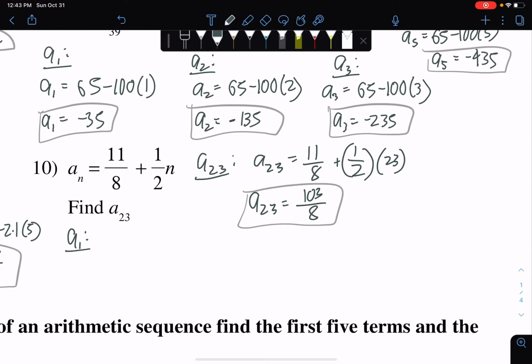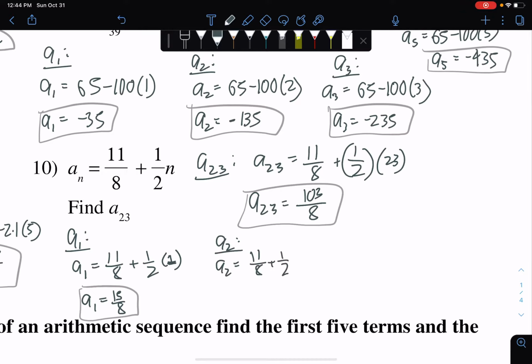A sub 1, to find a sub 1, is equal to 11 over 8 plus 1 over 2 times 1. Our answer for a sub 1 is 15 over 8. For a sub 2, it's equal to 11 over 8 plus 1 over 2, the same formula, times 2 this time.